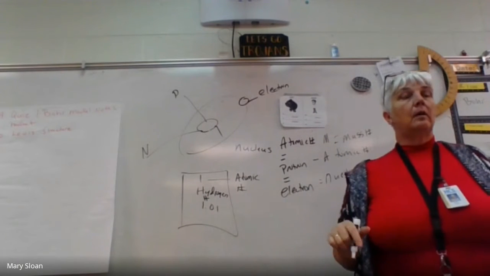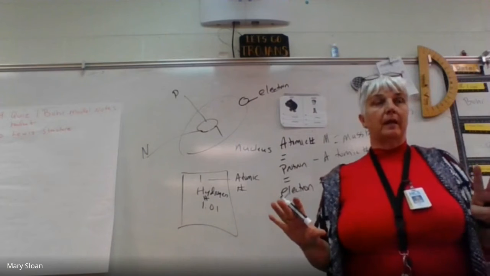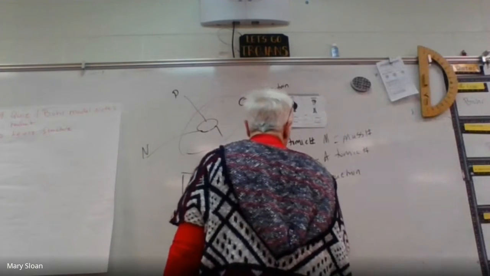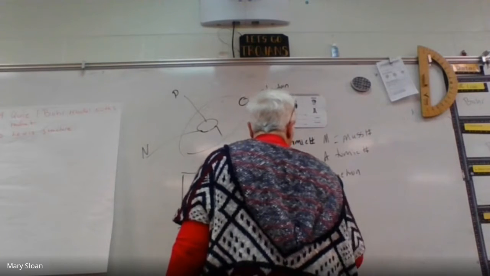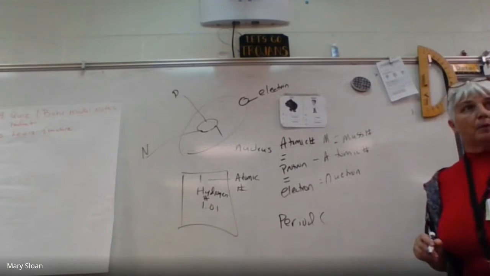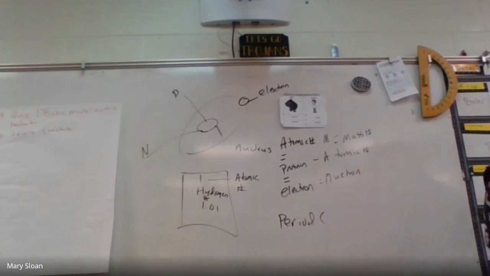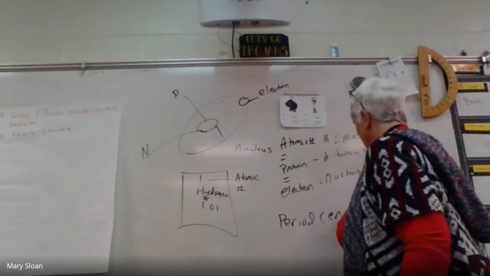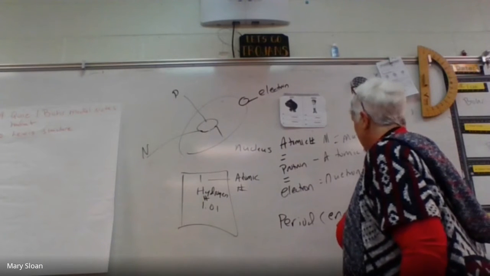Now, when we were talking about the Bohr method, we're looking at period and group, right? Period, remember, goes across. What does the period tell us in the Bohr method? Energy levels.